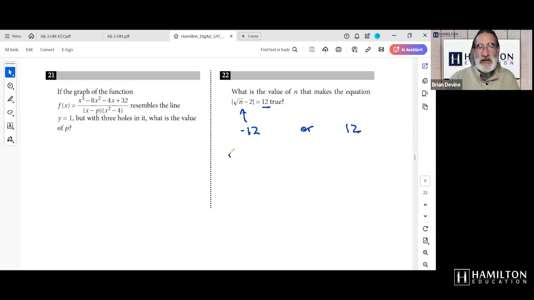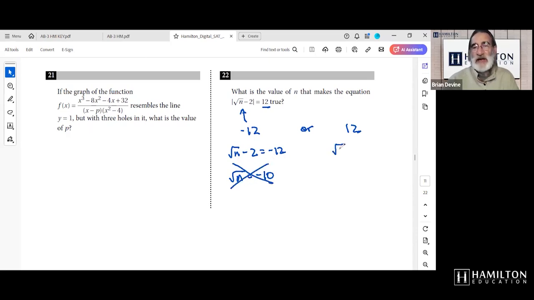Now, if rad n minus 2 equals negative 12, we're going to get rad n equals, adding 2 to both sides, negative 10. And that's not possible on SAT. You can't have a radical return a negative value on SAT math. So that can't be a solution.